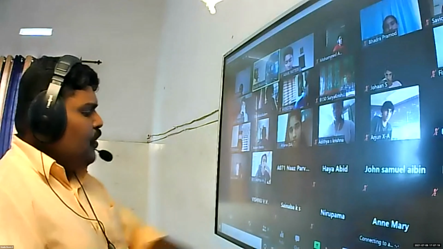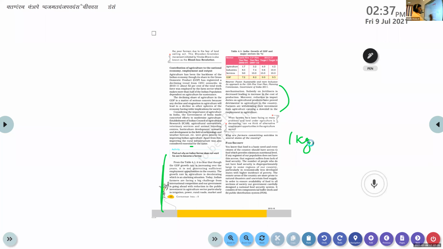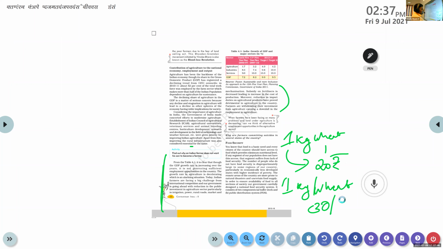Clear? For example, America is able to produce 1 kilogram of wheat for 20 Indian rupees. Clear? Production cost of America is for 1 kilogram of wheat, it is just 20 rupees. But at the same time, Indian farmers are producing the same 1 kilogram of wheat for 30 rupees per kg.